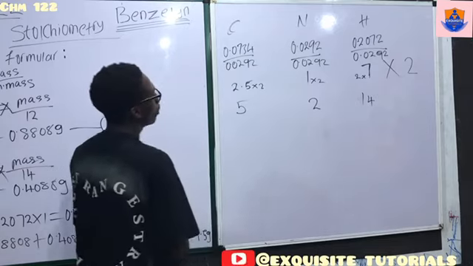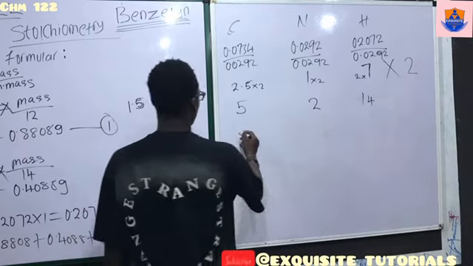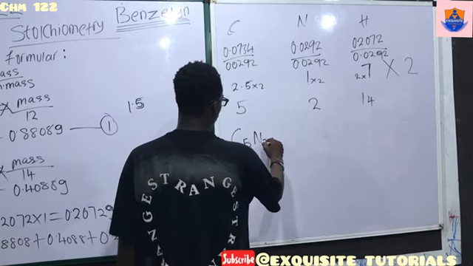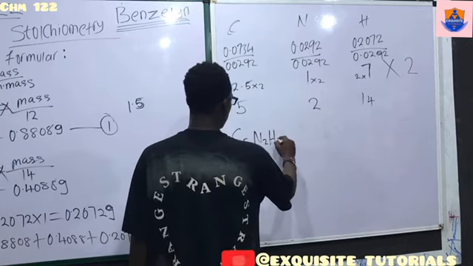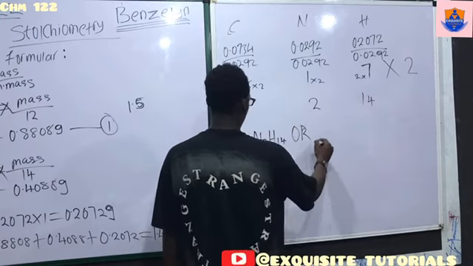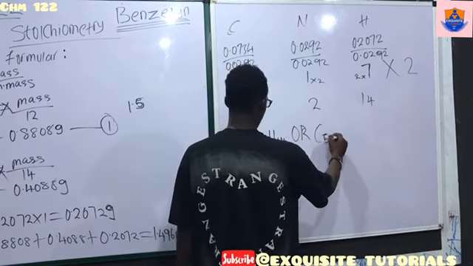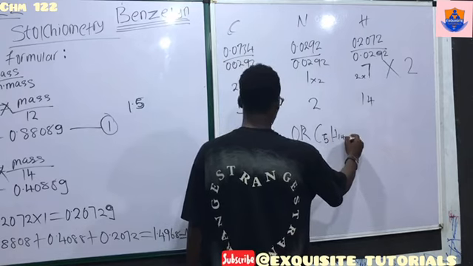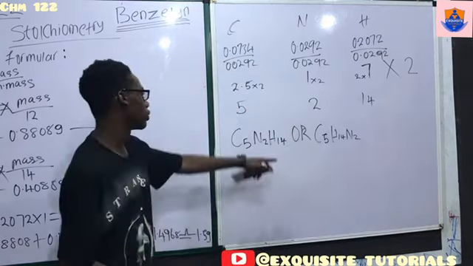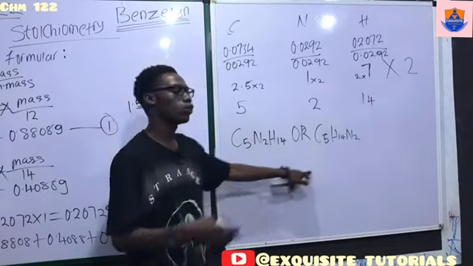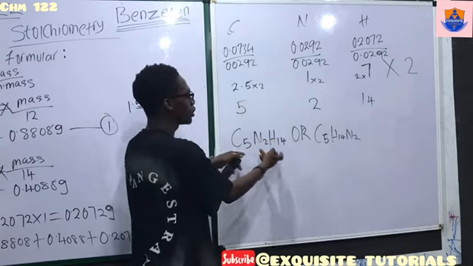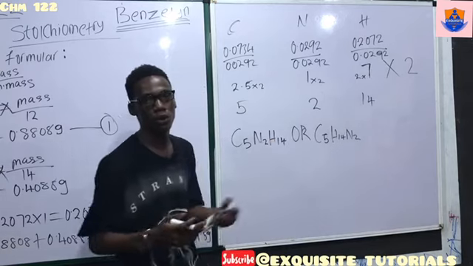Our compound should possibly be C5N2H14 or C5H14N2. Any of these should be the compound. If you can see any of these in your options, you click it. They can't give you both of these; it might either give you this or this, so you click the right option.